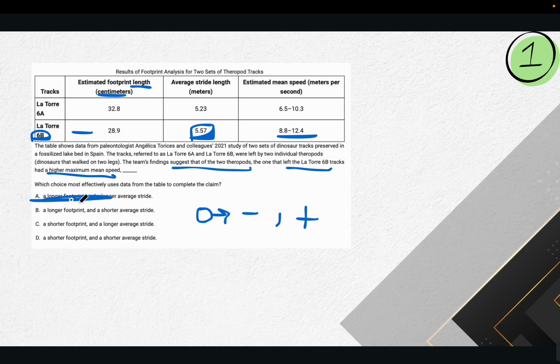This one is negative, and choice D is also negative on the first part. So we said the second part should be positive. Second part positive is choice C. This is how we answer this question pretty quickly.